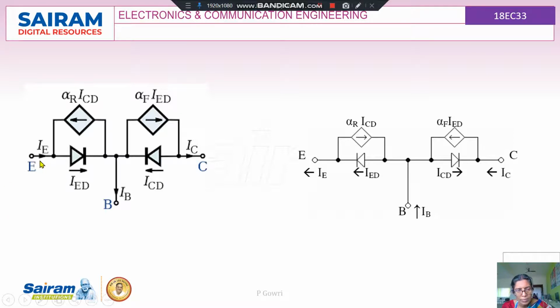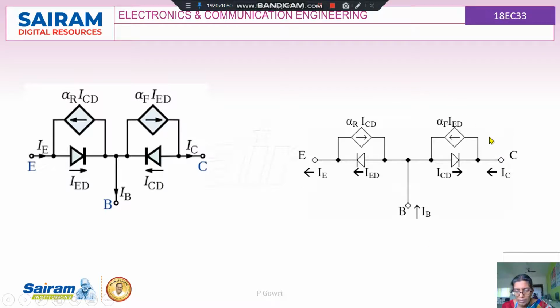IE and IC are the conventional currents here. Since it is a PNP transistor, the holes are the majority carriers, moving from the emitter to the collector region, and hence the arrow mark is inside the device, entering into the emitter region.